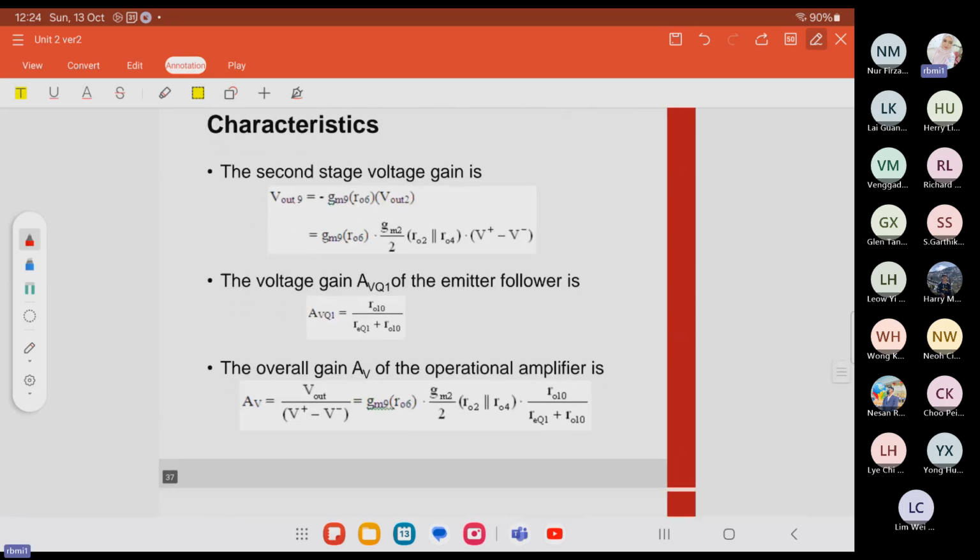Okay, this one is for the second stage, and we have the overall voltage gain. Okay, the overall voltage gain AV for these two stages, stage 1 and stage 2.